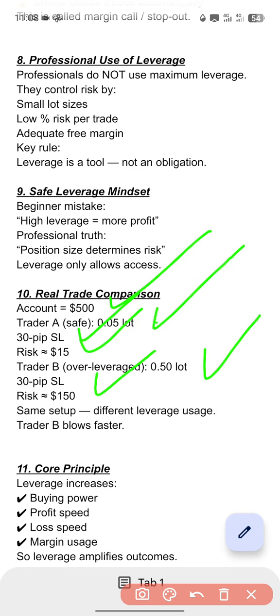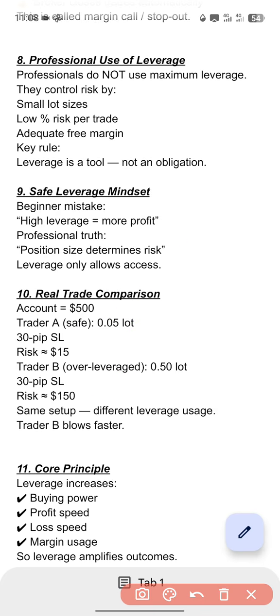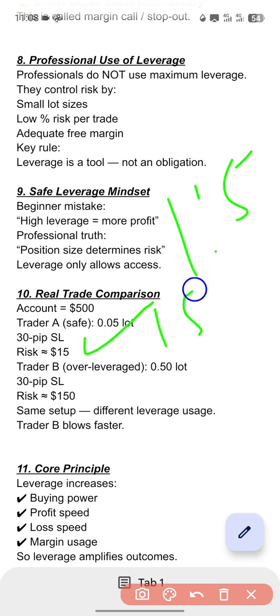But with Trader A, you can lose $15, and then you can target maybe 1:5. Then you get 15 times 5 anytime a trade goes in your favor. That's if you lose $15, you'll be making somewhere around 15 times 5.